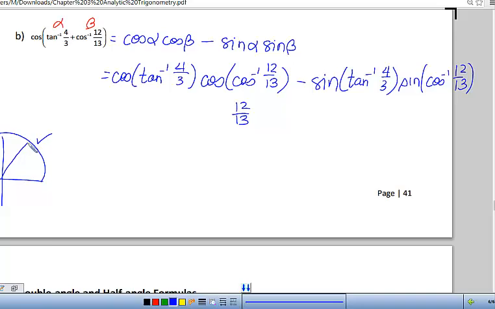I'm going to draw a triangle. Remember cosine inverse of 12/13 is some angle of which we can say cosine of that angle is adjacent 12 over hypotenuse 13. And we know this is a Pythagorean triple, so we're going to put the 5 there. Now when I take sine of this, we get opposite over hypotenuse, or 5/13.